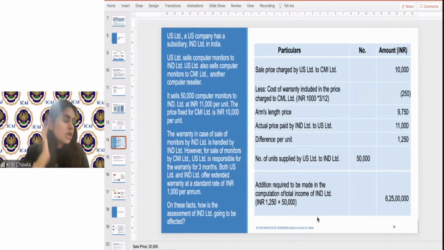But if the income chargeable to tax is more than the competitors', and you're able to establish that, then it's absolutely fine. It's best to substantiate it using any other method. If you feel that the income chargeable to tax is greater than all the competitors, then you don't have to do anything.